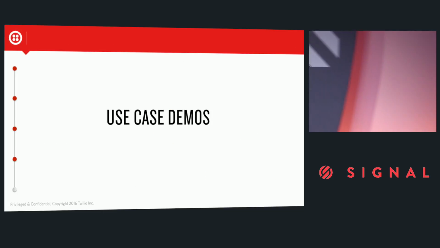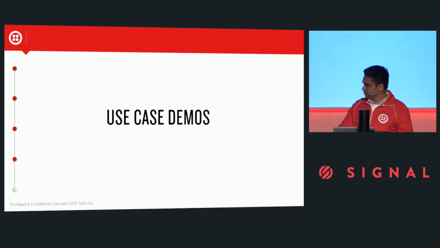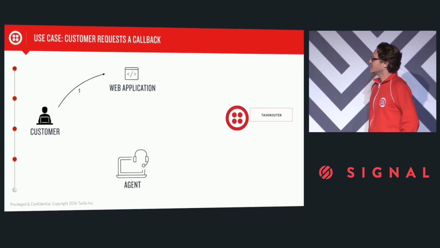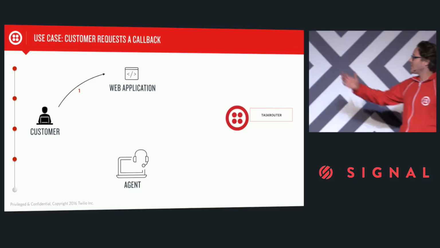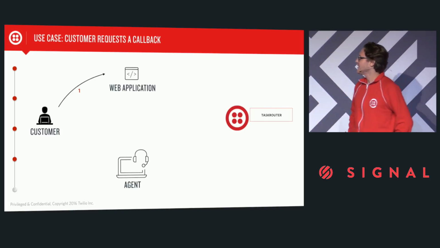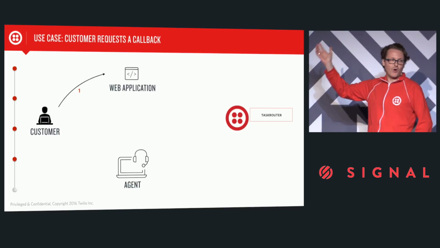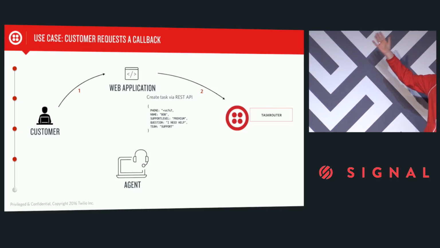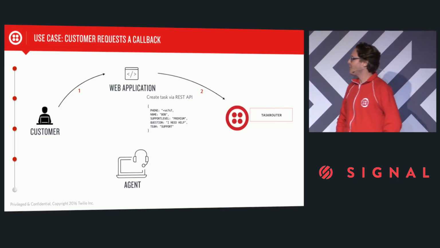Yeah. So let's go briefly through the first use case, and then we start with the demo. The first use case is the customer visits our website, which could be your website, fills out a form, and asks for a callback. The task is then created on TaskRouter through the REST API Twilio offers.